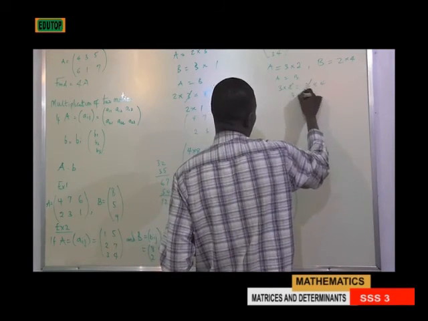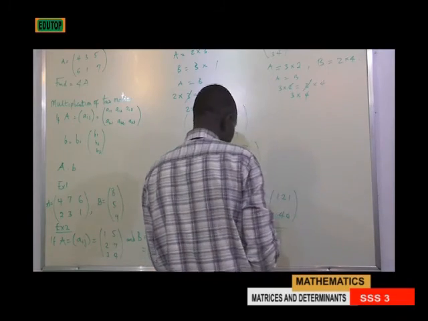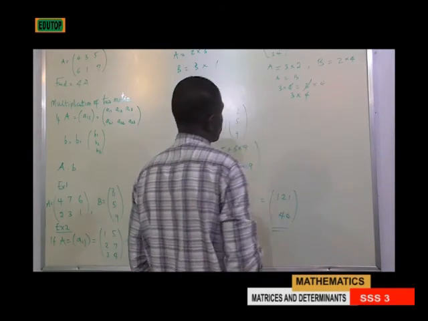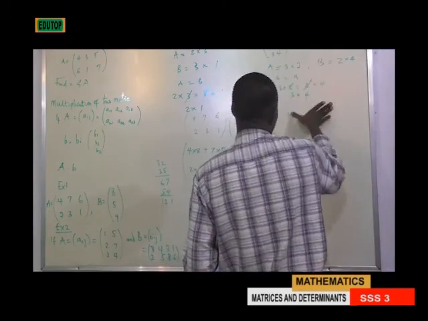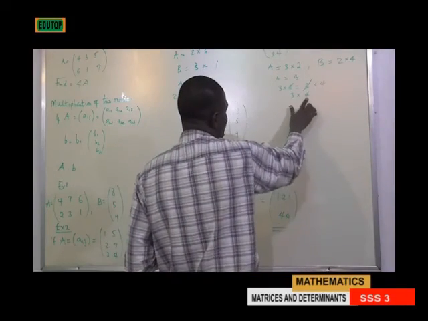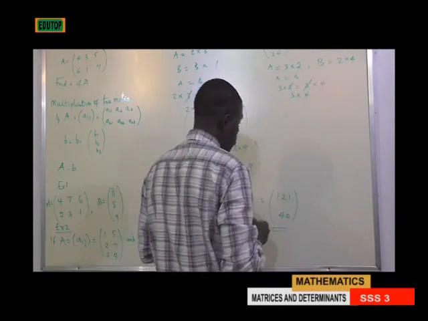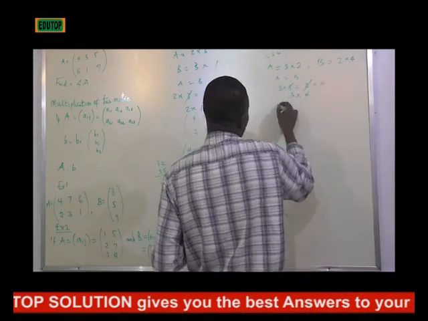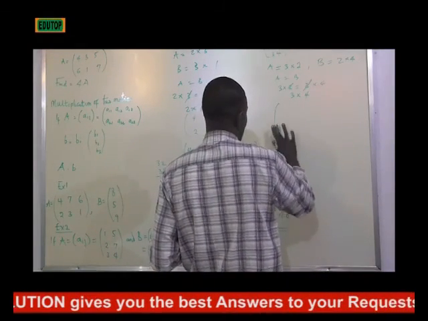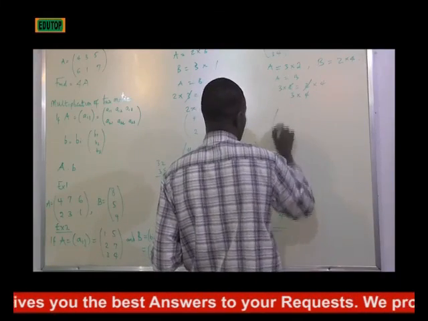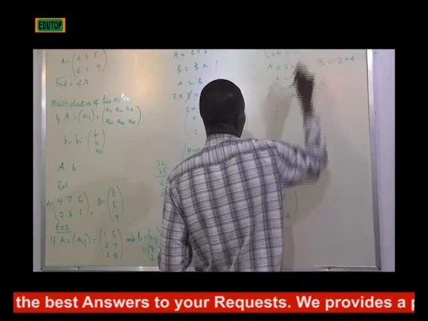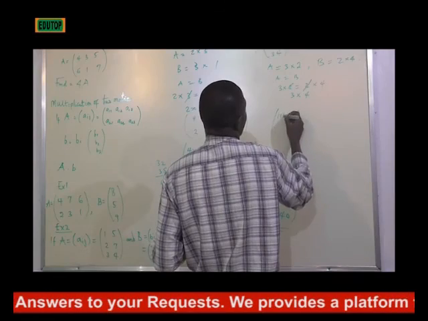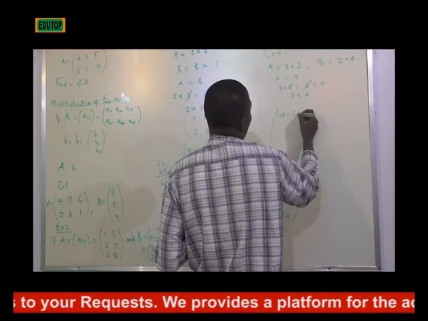So we are going to have a resulting 3 by 4 matrix. So how do we resolve this to have the order 3 by 4 matrix? This is what we are going to do here: 1 times 8 plus 5 times 2.